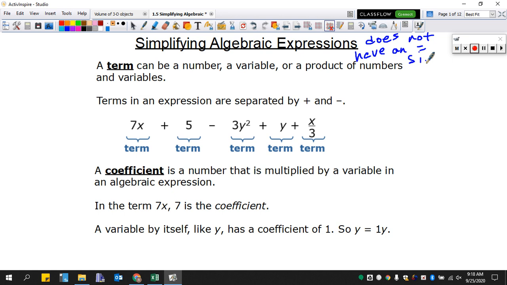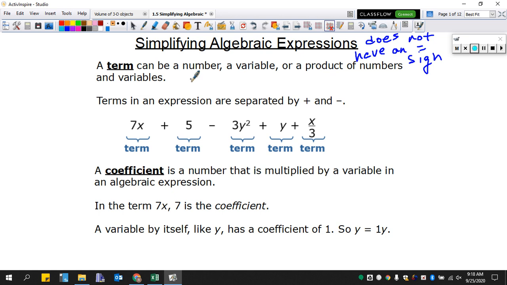All right. So the different parts of an algebraic expression are terms, which are sort of like the words, and then you have the operations, which are adding, subtracting, multiplying, and dividing. The operations are what divide the terms up into the separate parts.